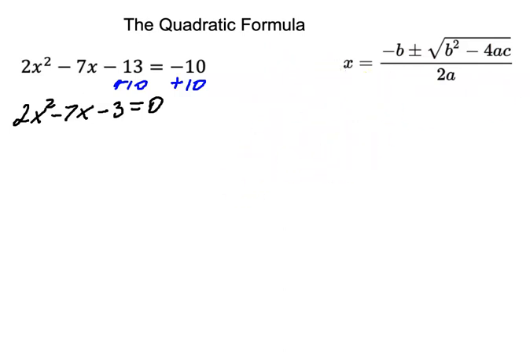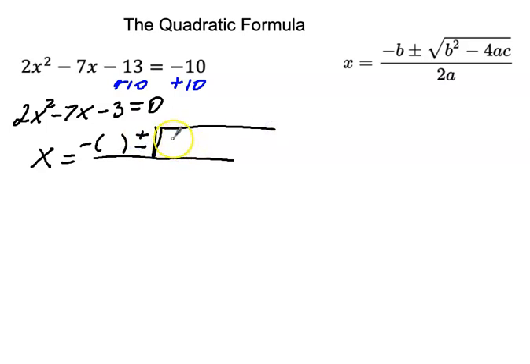Let me just erase this part. Now I'm going to use the formula. The first thing I like to do is write the frame for the formula. Everywhere where we have the variables, I'm just going to write parentheses, because that is the place where I'm going to put the variables. So I have negative b plus or minus the square root of b squared minus 4, this is going to be a, this is going to be c, divided by 2 times a.